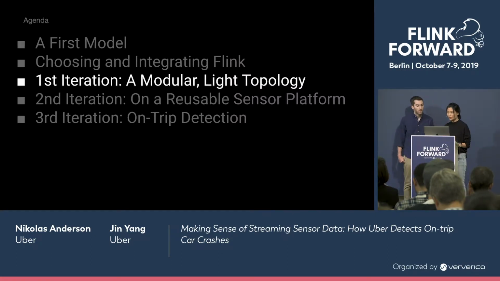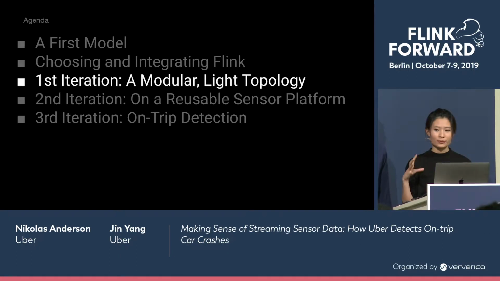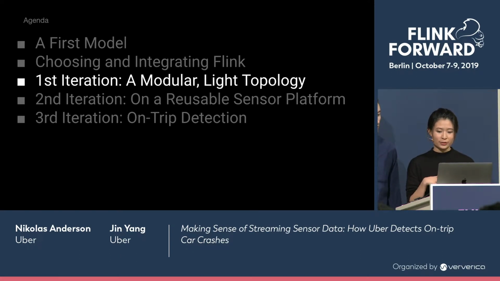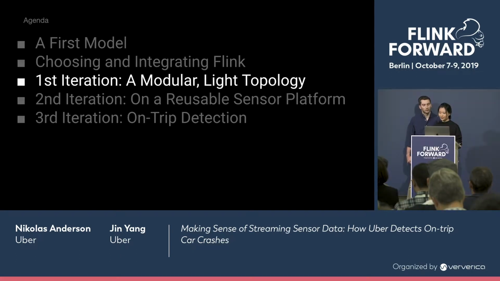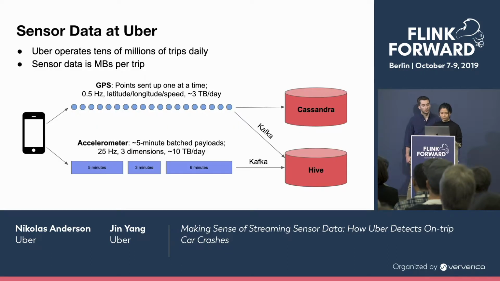All right, so our first iteration of the model really utilized all the sensor data from different sources within Uber, and then consolidated on a post-trip level to analyze whether a car crash has happened on a specific trip. And this is also the first time that our team was dealing firsthand with the sensor data at Uber.